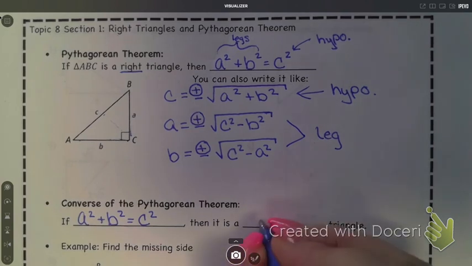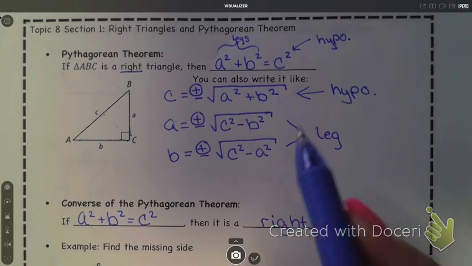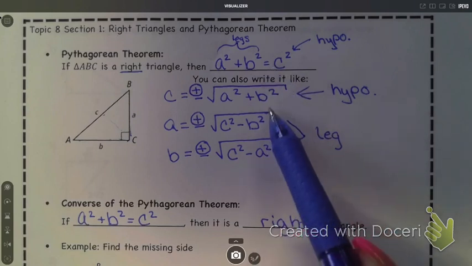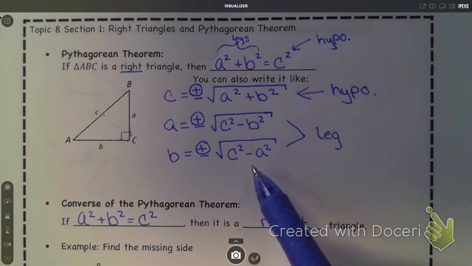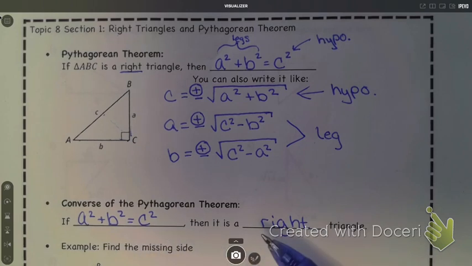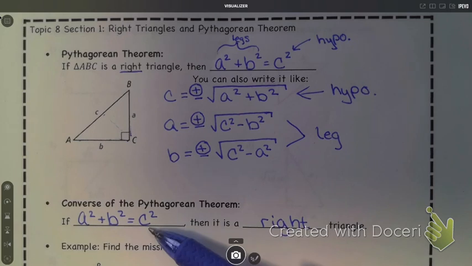A right triangle. So if we know it's a right triangle, we can use the Pythagorean theorem to find a missing part. But if we don't know if it's a right triangle, can we use the Pythagorean theorem to check if it is? Yeah.